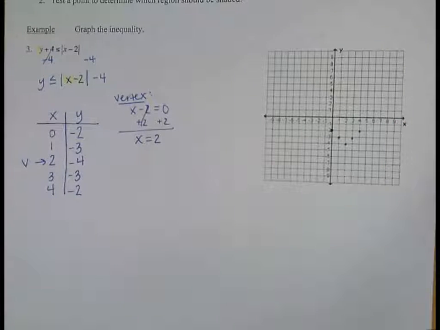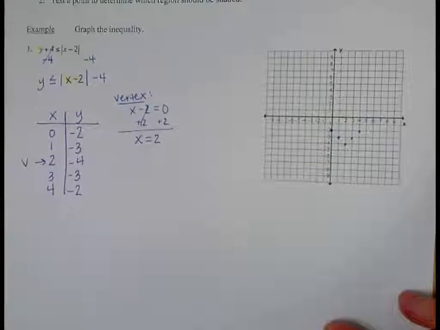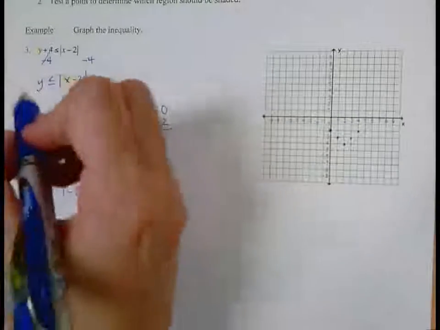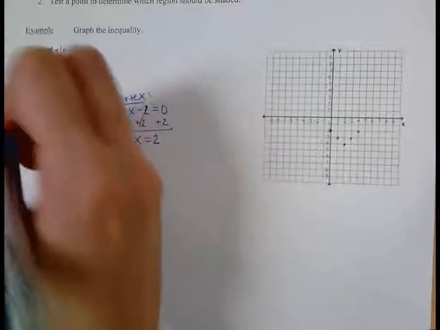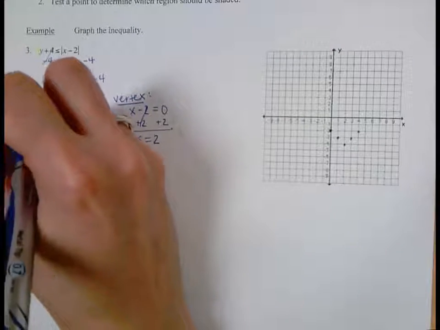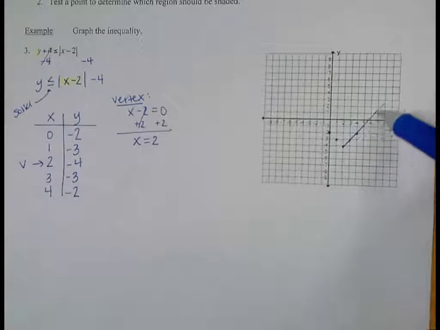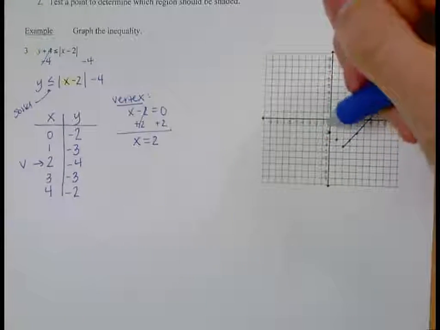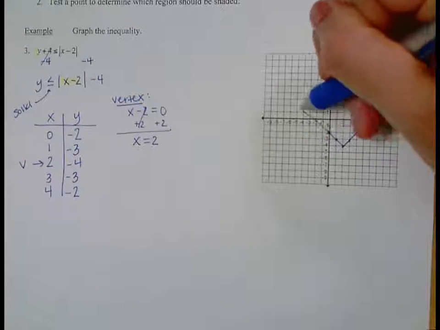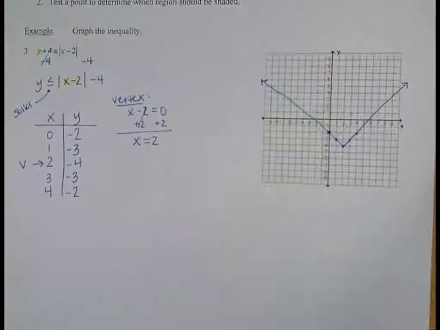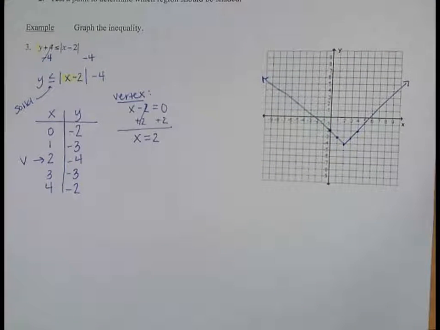And then when I draw my absolute value graph in, again, look at your inequality. It's less than or equal to, so this V is going to be solid. And make sure you are drawing the V completely through your coordinate plane. Because what happens with the absolute value graphs is now you have two parts to your graph.